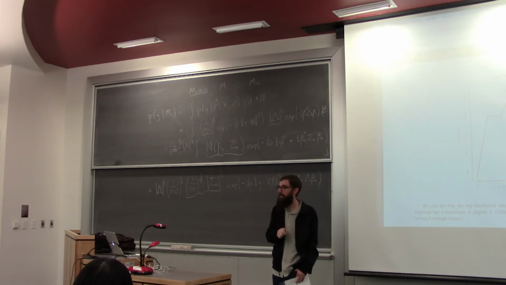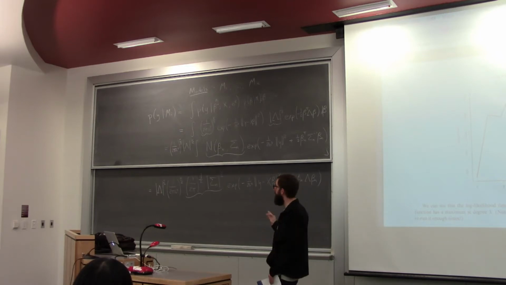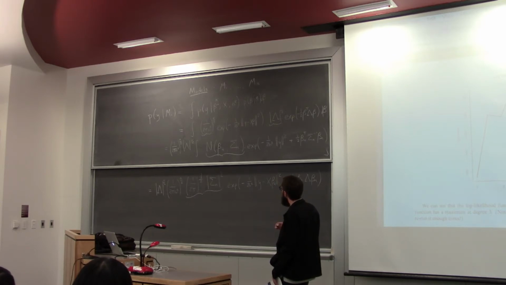Is it a proper probability? No, it's not a probability, so you have to be a little bit careful. Because it does come out of Bayes' rule, right? Actually, yeah, just a little bit careful.